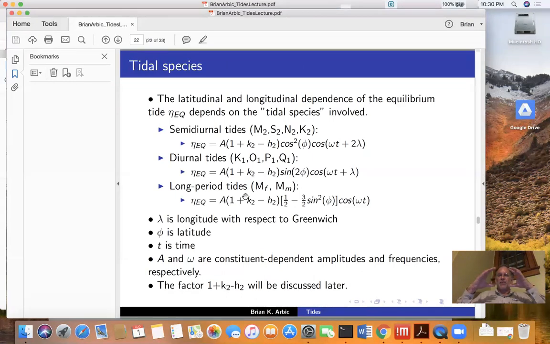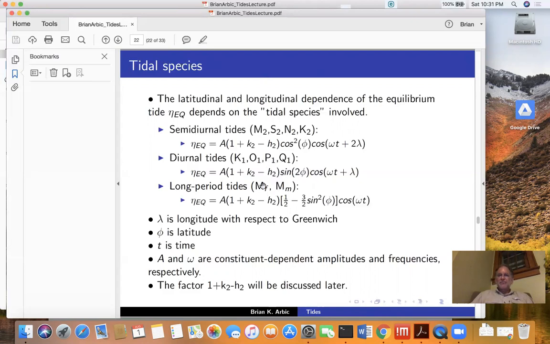The planet Earth is moving in and out due to tidal forcing, and that's called a body tide. The reason that matters for ocean tides is that the seafloor is moving up and down, and the water column thickness is measured against that seafloor. And this number H2 accounts for that.